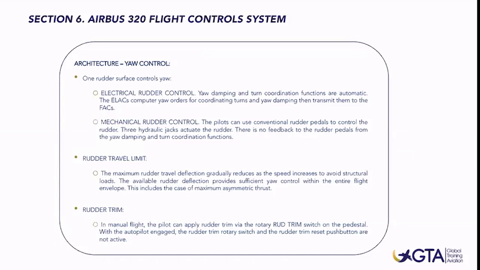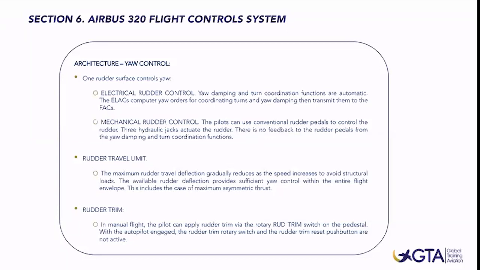So the pilot applies a side stick input demanding a bank angle turn, and this side stick input will travel through the ELAC. The ELAC will pass the information to the FAC, the flight augmentation computer, and will evaluate how many degrees to move the rudder to ensure this yaw damping and turn coordination.